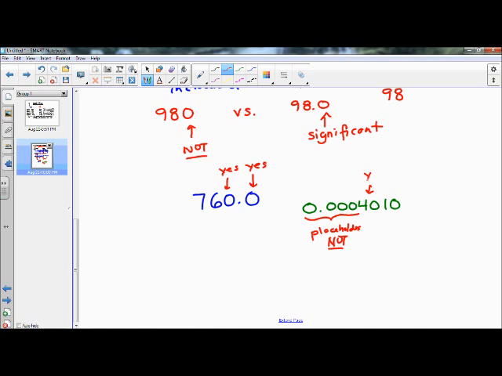It has a sandwich, and it has a zero at the end, and a decimal point way up here. Okay, again, these zeros at the end are not. Why? There's no decimal point.